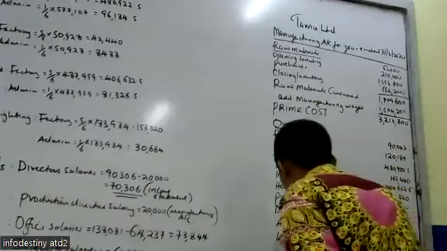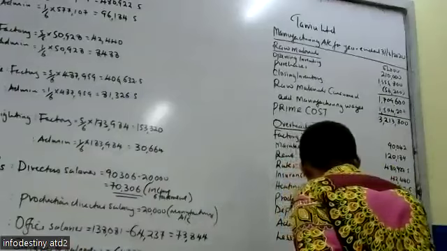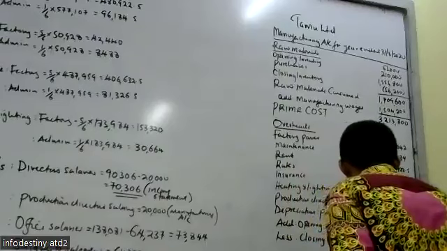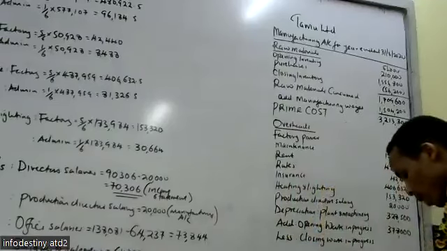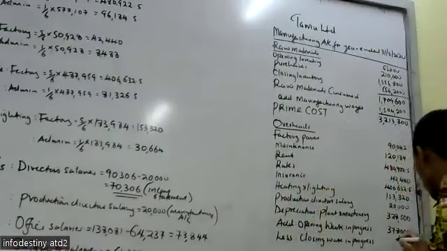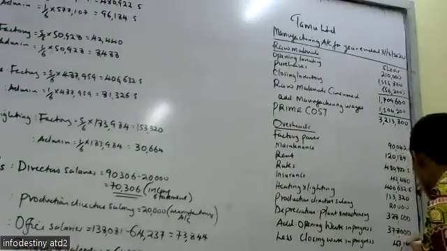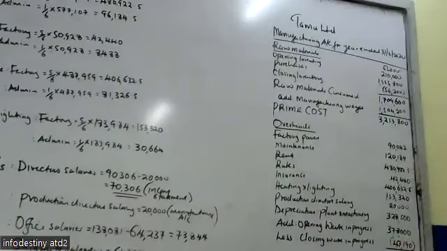Then we less the closing work in progress, given in information number 7, 190.